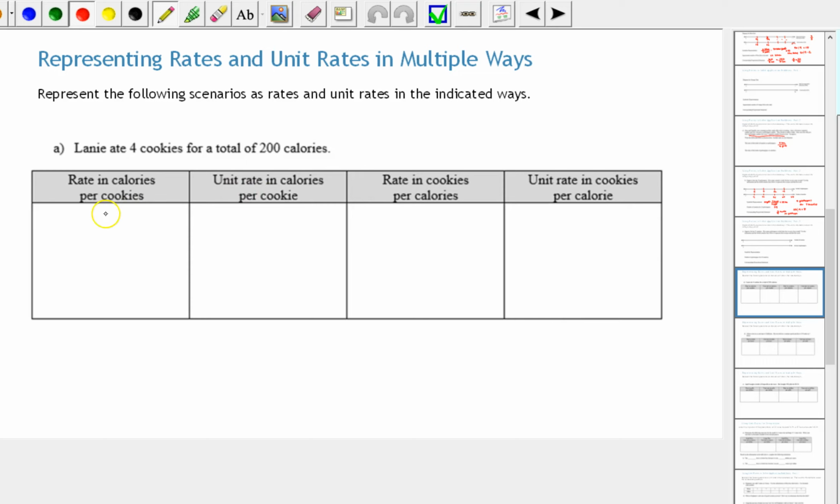We want the unit rate, but first just a rate in calories per cookies. So this would be 200 calories per 4 cookies. And I talk in the packet about this, and you want to bring this up. Notice how this is a rate, it's changing. Calories and cookies are not measuring the same type of measure.